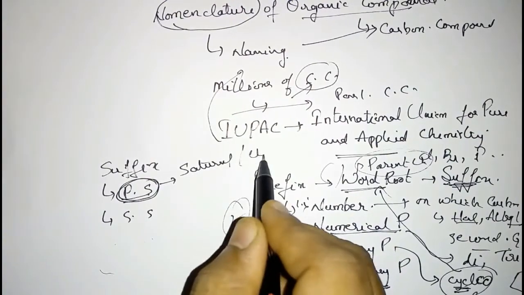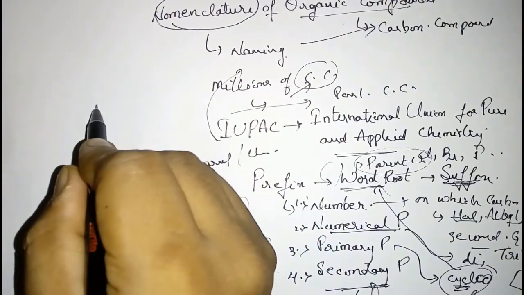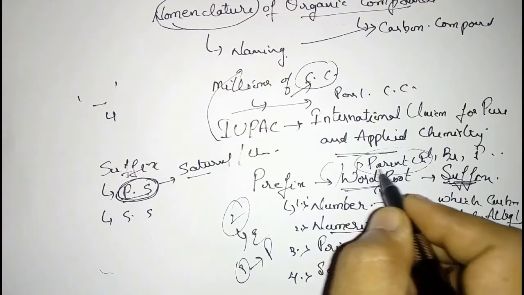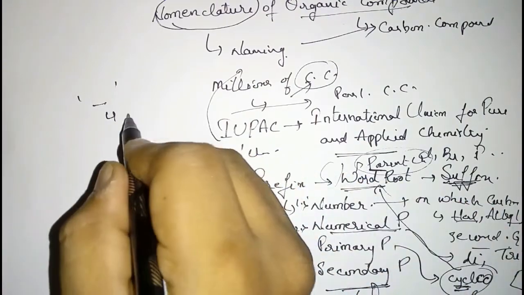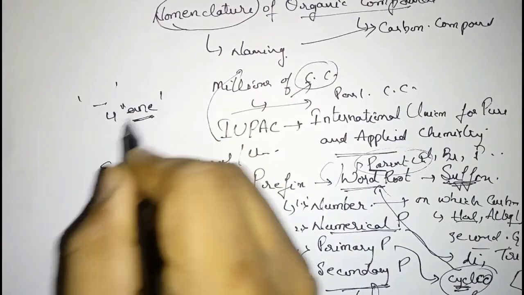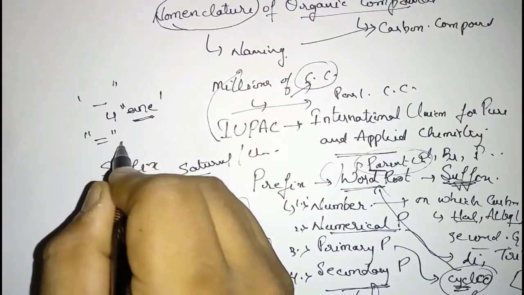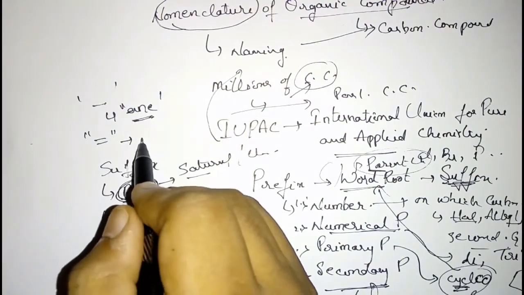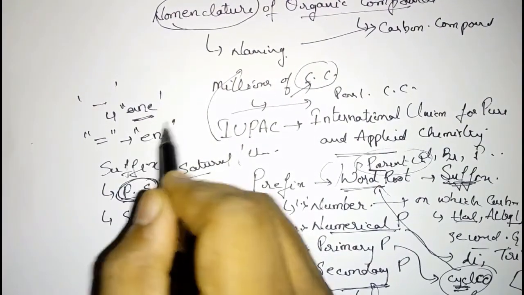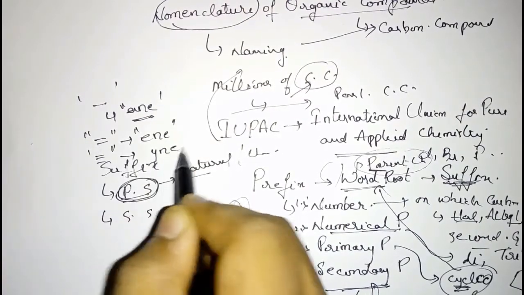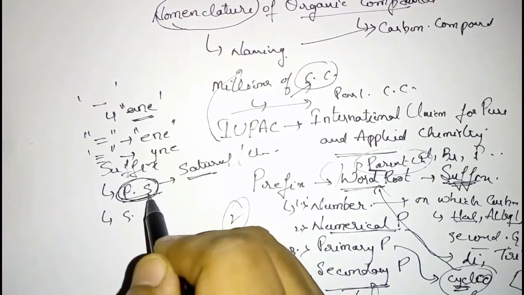If it contains single bonds between the carbons, at the end of the name we write ane. If it contains a double bond, we name it ene. And if it contains a triple bond, we write it as yne. That's what the primary suffix says.